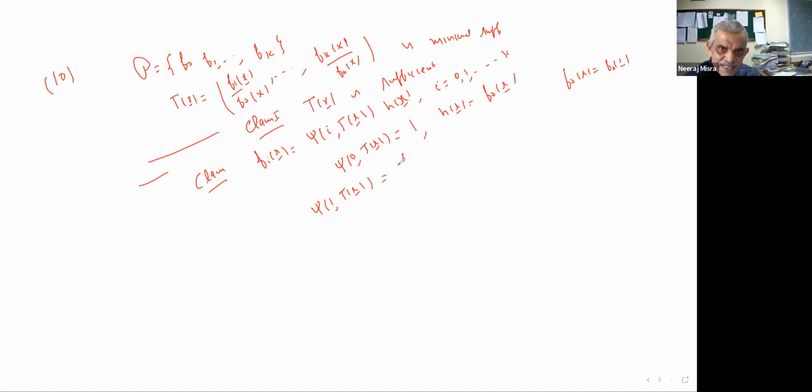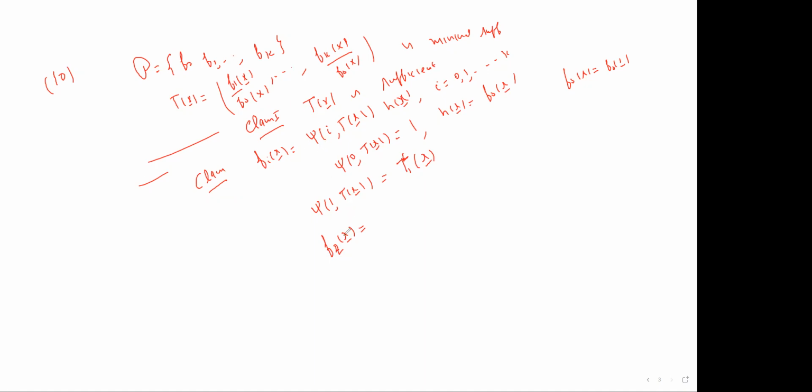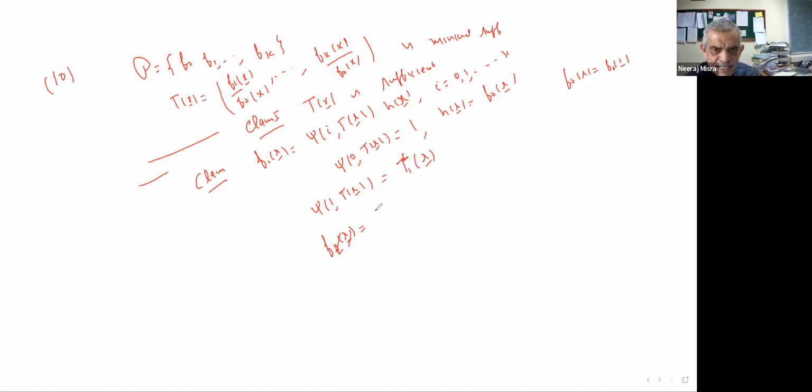So it is only T1x, into F0x. What would be psi 2? It would be T2x, right? Psi 2 Tx would be nothing but T2x, since F2x can be written as F2x upon F0x into F0x.